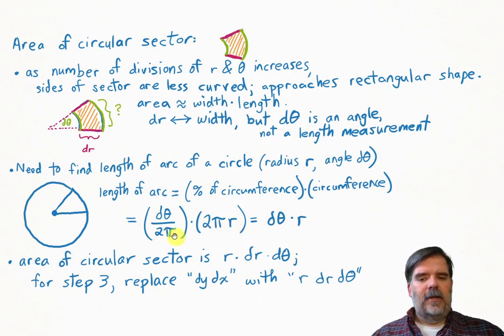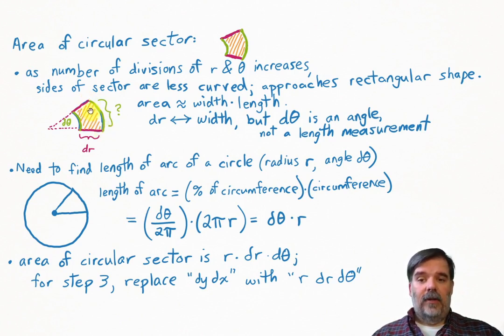Then when we multiply these things together, something very convenient happens. The 2 pi in the denominator cancels the 2 pi in the numerator. So what we're left with for the length of the arc is the angle, d theta, times the radius, r. So that's how long this arc is. This is r times d theta.